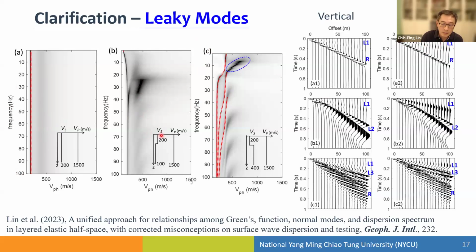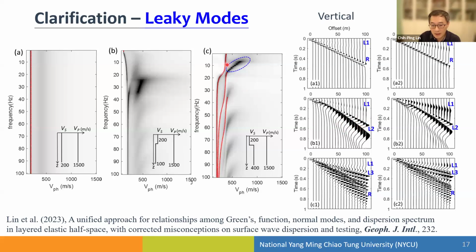And when the structure is like pavement, with high velocity over lower velocity, there is a certain frequency where you cannot find the roots in the dispersion equation. These energies are basically an apparent or pseudo Rayleigh wave, not a theoretical dispersion curve root, and it can be considered a kind of leaky mode.